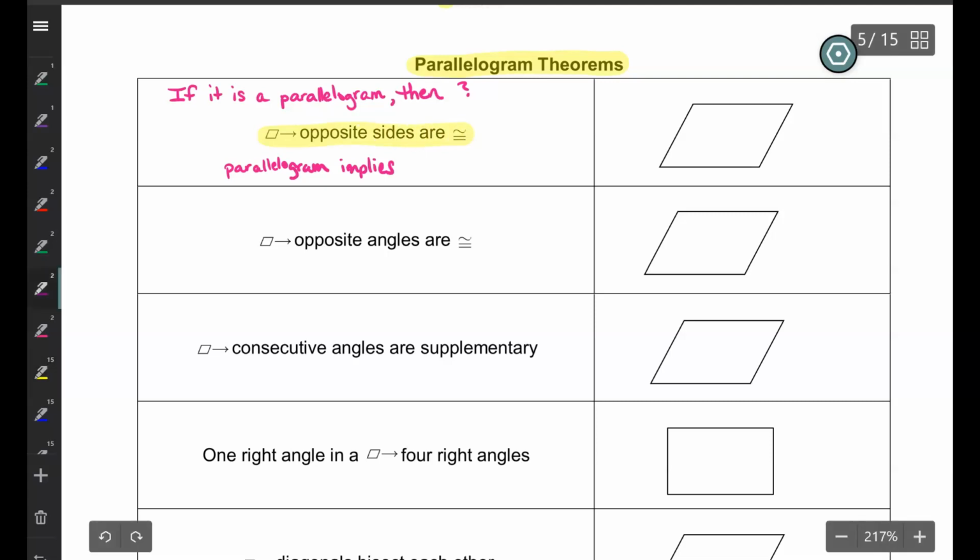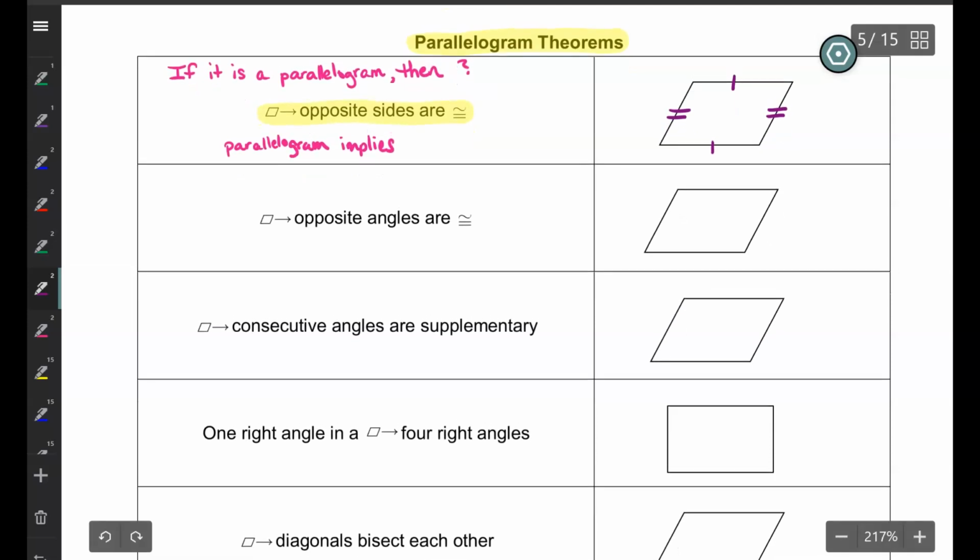So these two sides are congruent, these two sides are congruent. Next, parallelogram implies opposite angles are congruent. Opposite angles would be here and here; those have to be congruent. And then these two would also have to be congruent to each other.